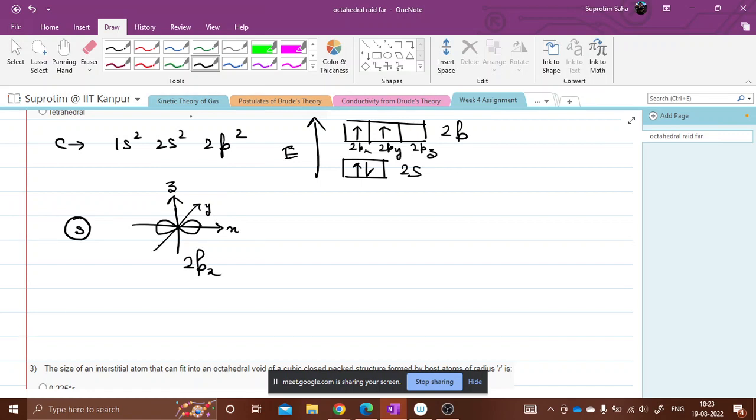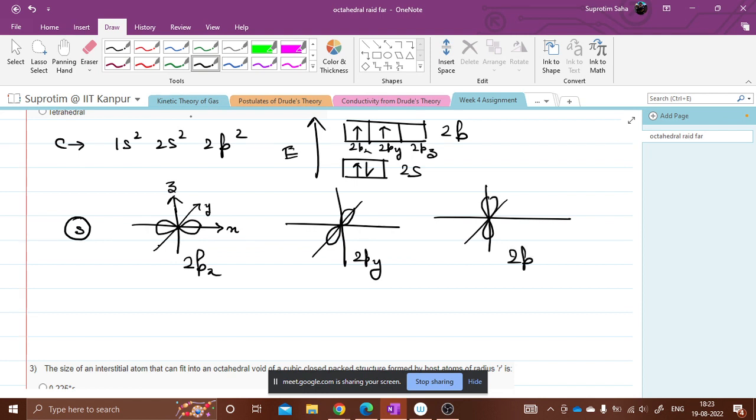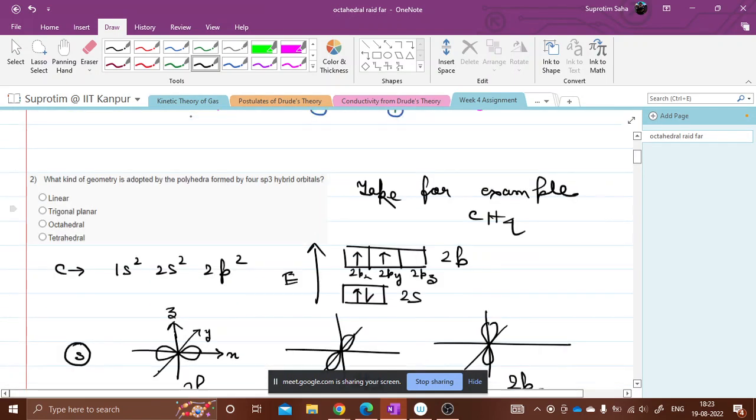This is 2py, and this will be 2pz, along the axial direction. You already learned about this in plus 2 level, so it is not very new to you.